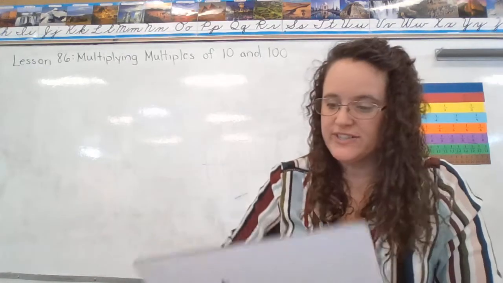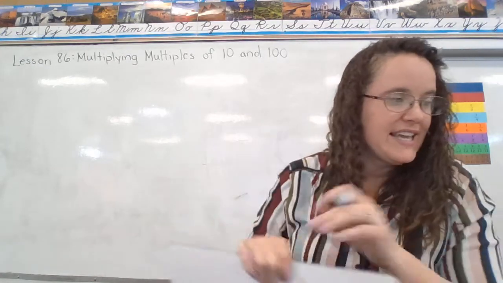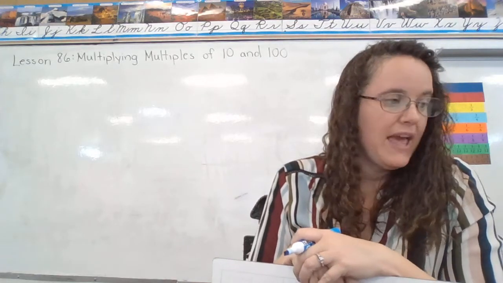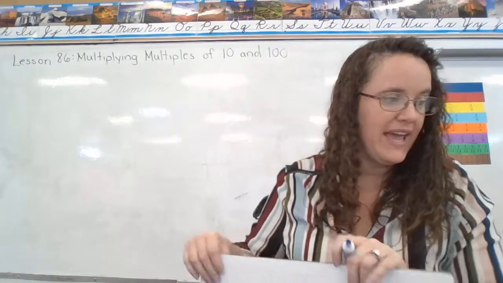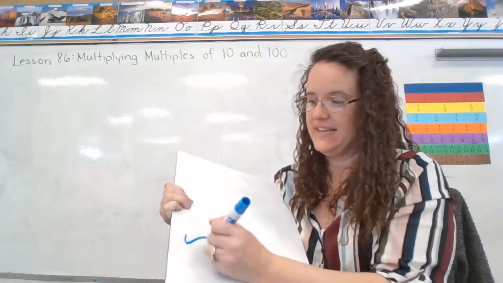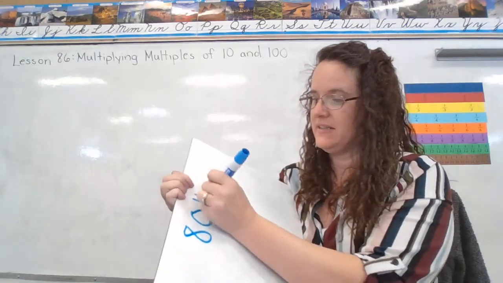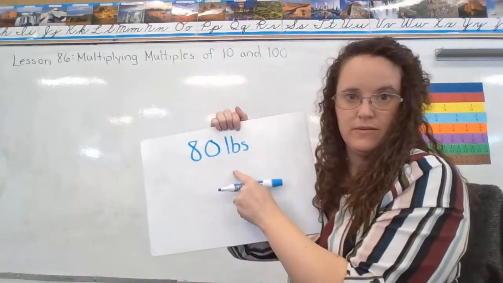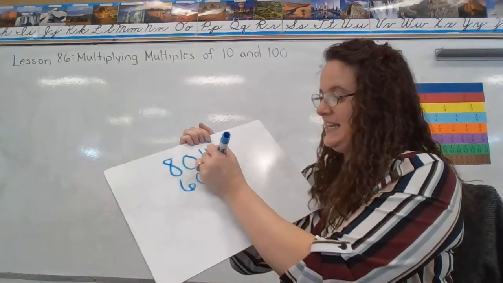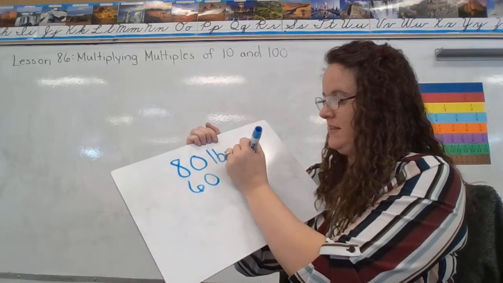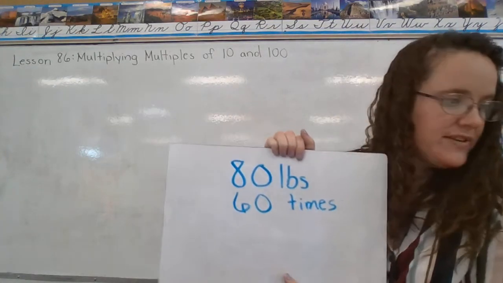Okay, our first example here says in the weightlifting room, a group of football players lifted 80 pounds of weights 60 different times. So they lifted 80 pounds 60 times. There's my information.